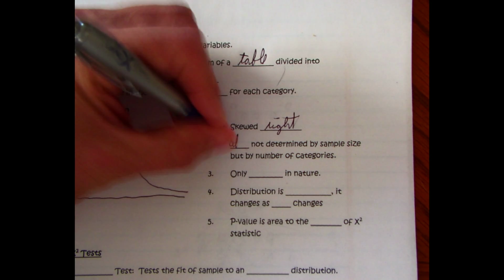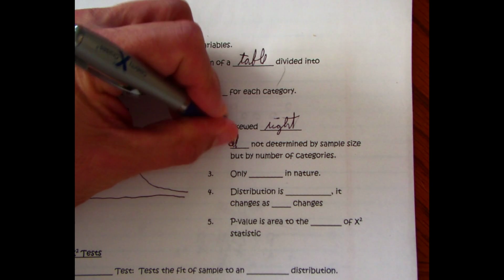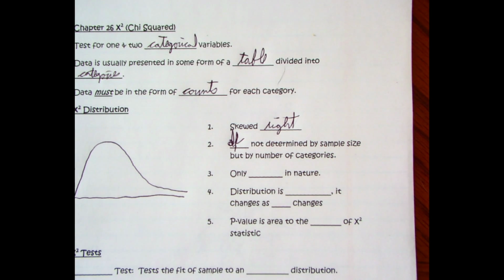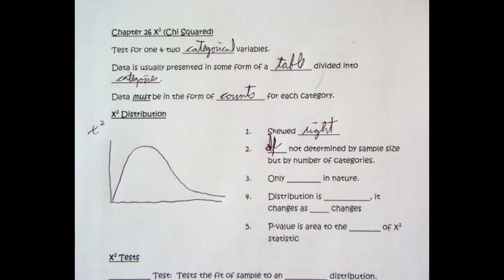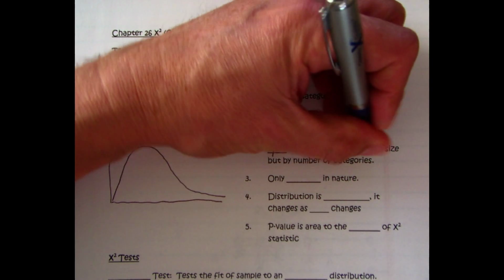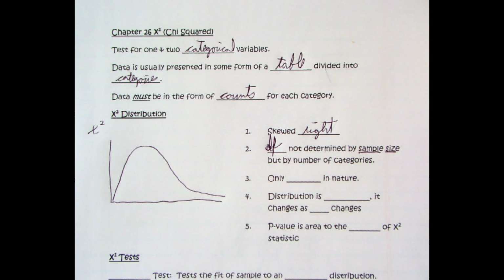The degrees of freedom are not determined by sample size but by number of categories. The reason I write that is when we do t-tests, the degrees of freedom are determined by the sample size. But in the chi-squared test, they're not. Chi-squared doesn't care what the sample size is, it just cares about how many categories you're testing.